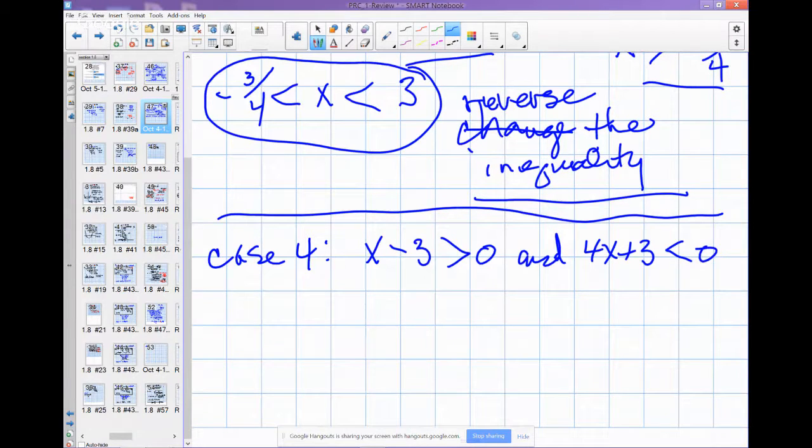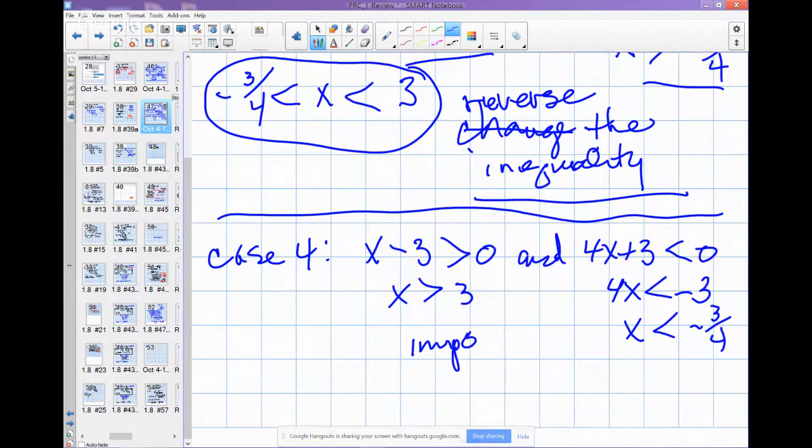That means x is greater than 3 and 4x is less than negative 3, x is less than negative 3/4. All right, look at this one. X is greater than 3 and at the same time it's less than negative 3/4. This one is impossible. X cannot be bigger than 3 and at the same time be less than negative 3/4. So good news. There is no case 4.